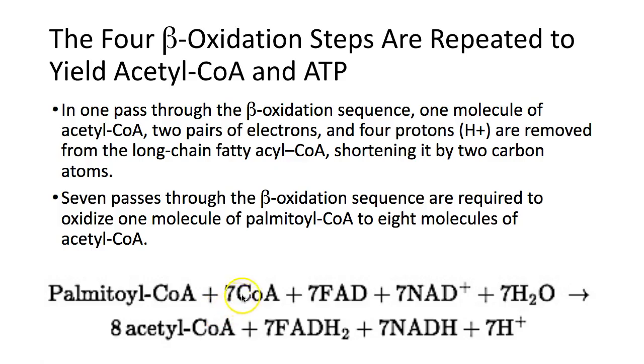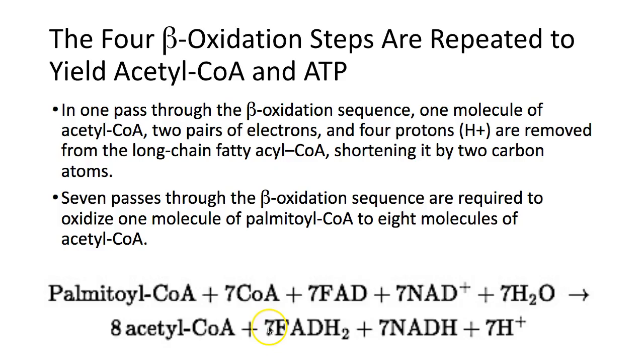It goes through 7 passes, so it needs 7 coenzymes attaching as things are being cleaved. It also goes through 7 passes of transferring electrons over to FAD and NAD plus. Thus, you're also going to need 7 waters because of the hydration step.